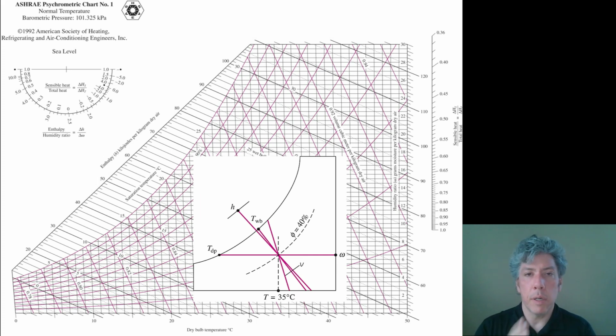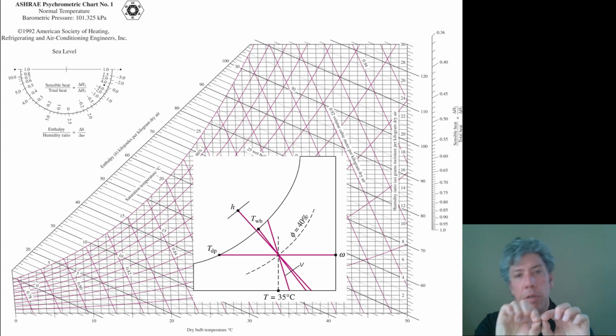Well, draw a line from the dry bulb temperature up just vertically, and then take a line from the saturation line, getting the wet bulb temperature, and following a wet bulb curve down. Wherever that intersects the vertical line from the dry bulb temperature, that's the state of the humid air.